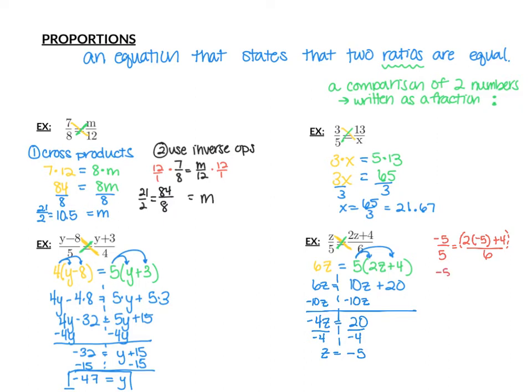So I'm going to do -5/5 equals (-10 plus 4)/6. -5/5 is -1. -10 plus 4 is -6, over 6, and then I get -1 equals -1. So I know for a fact that z equals -5 is my solution. Okay, let's keep going.